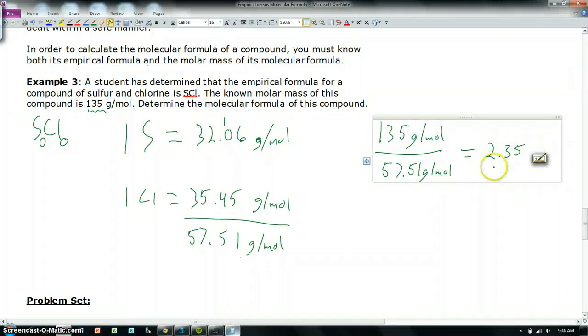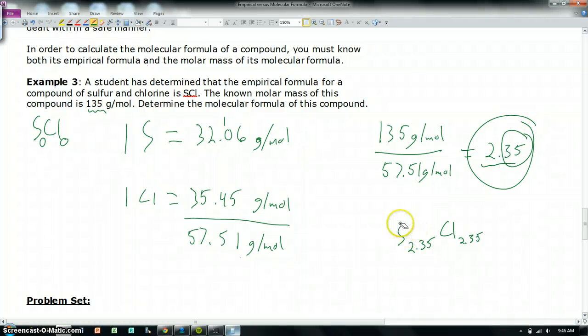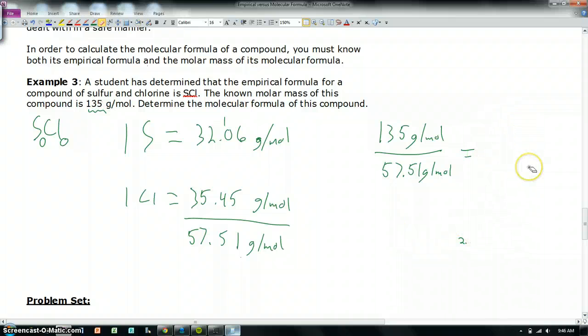Now, you can see here this gives me a 2.35 number. And I can look at this and say, this is going to give me S 2.35, Cl 2.35. And that doesn't really make sense. So I can see now that I've made a mistake. I need to go back and look at what I've done. And I can see very quickly that by adding these up, I added 3 plus 3 and got 5.